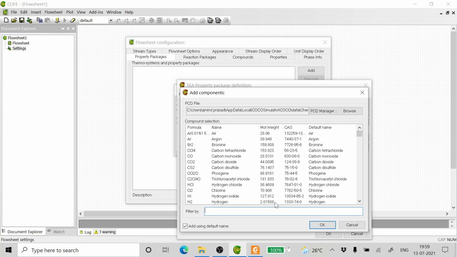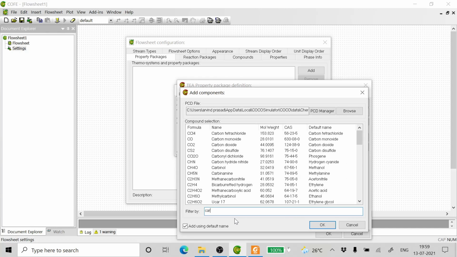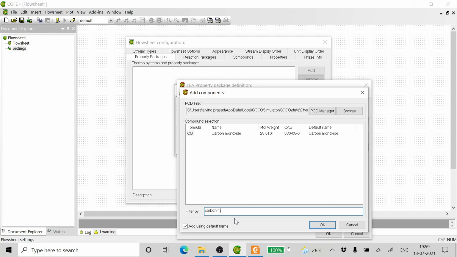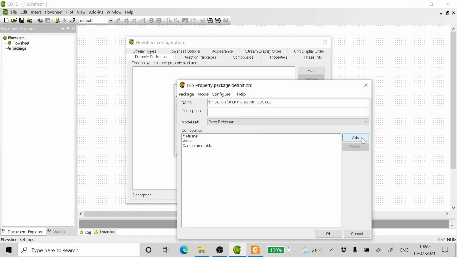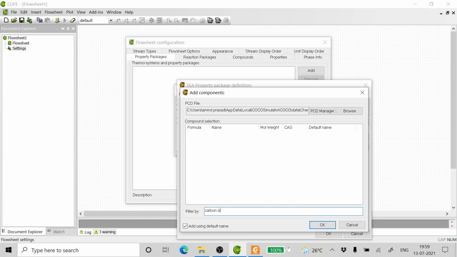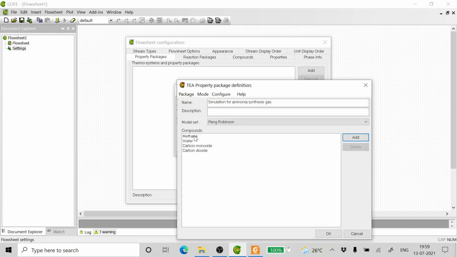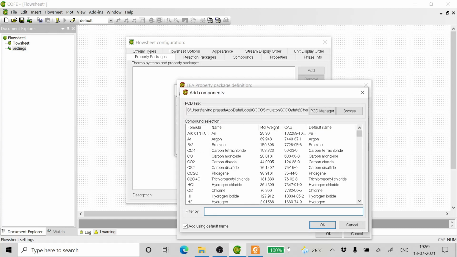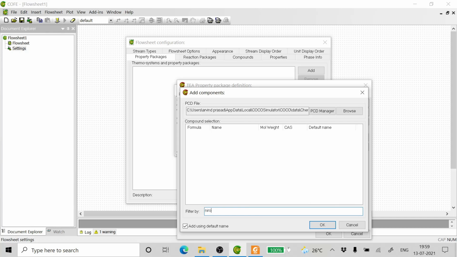Now this is followed by addition of carbon monoxide. Then we have carbon dioxide. Since we are adding air too, we have nitrogen.